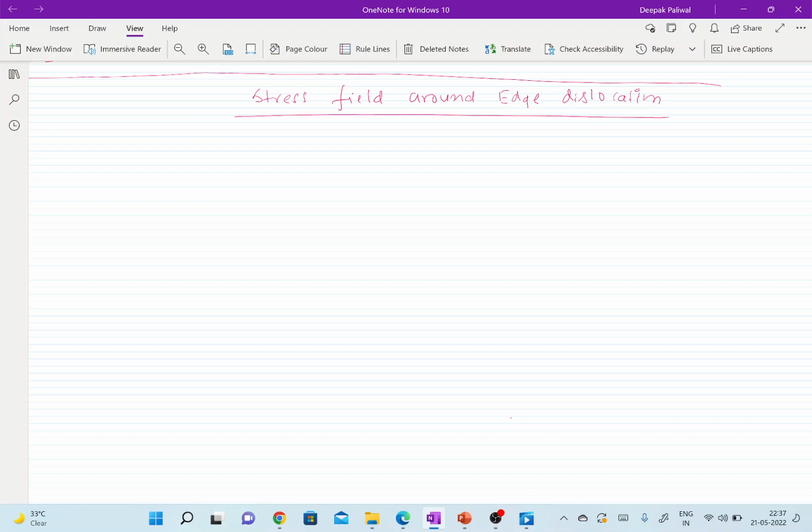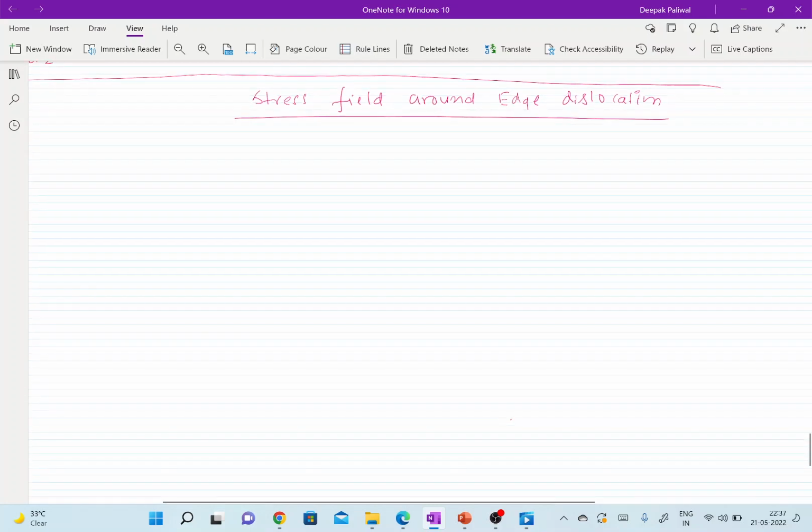Very first, in the case of the edge dislocation, like in the screw dislocation, some of the components are zero: sigma xz is 0, sigma zx is 0, sigma yz is 0, sigma zy is also 0.